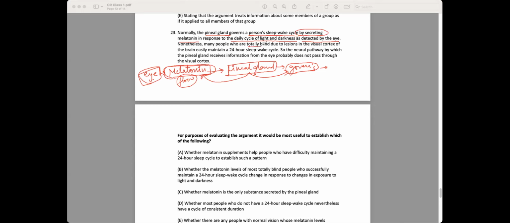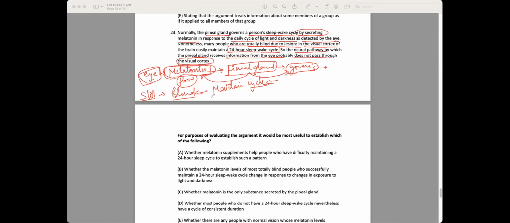Nonetheless, many people who are totally blind due to lesions in the visual cortex of the brain easily maintain a 24-hour sleep-wake cycle. So people who are blind, meaning their eyes cannot detect darkness and light, can also maintain that same cycle. Okay. So the neural pathway by which the pineal gland receives information from the eye probably does not pass through the visual cortex.